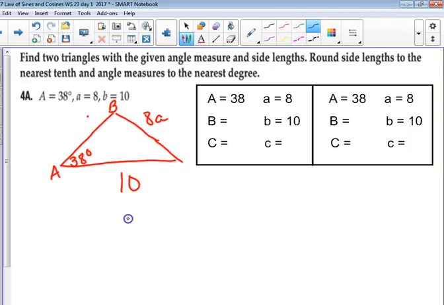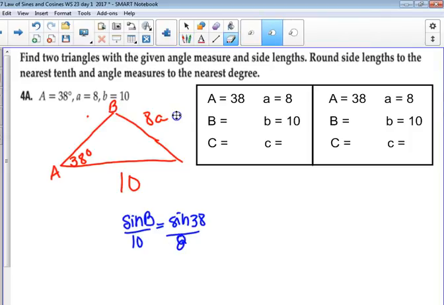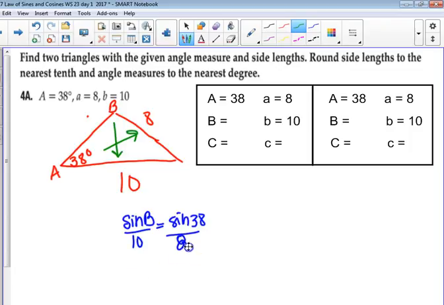What would I set up to find first? Angle B. Okay, make sure you're paying attention. If you have been doing something else, this would be the most important one we've done today because it's going to have 2 solutions, and I need you to understand this. All right, this up, and we get the sine of B is what decimal?